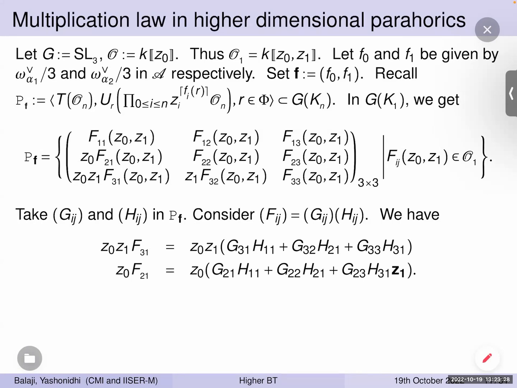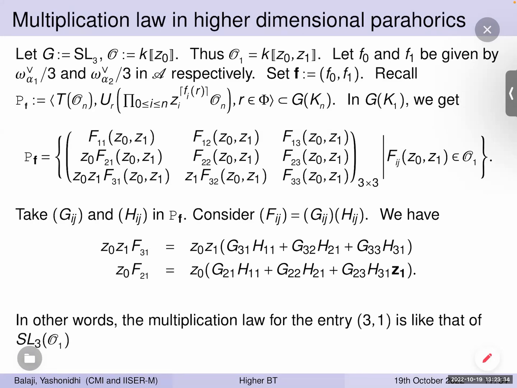And for the 2,1 entry, the multiplication looks like this. In other words, the multiplication law for the entry 3,1 is like that of SL3(O_1), but that of 2,1 has an extra z1.